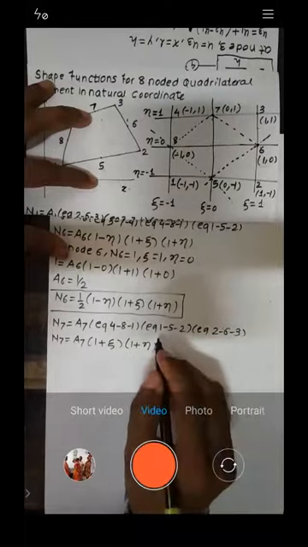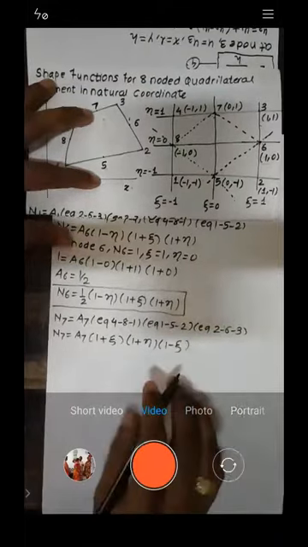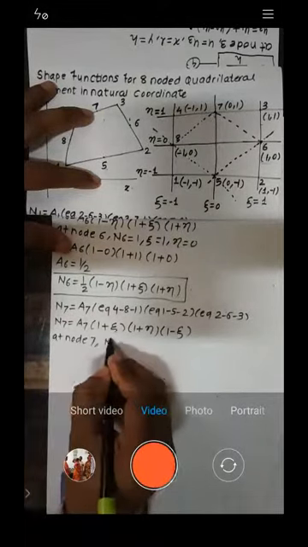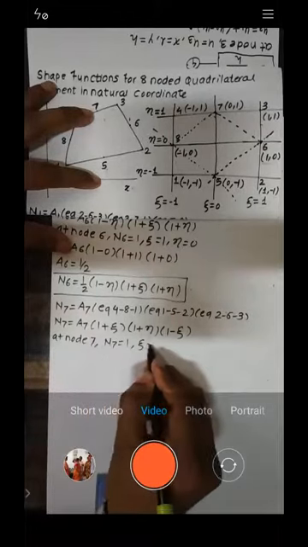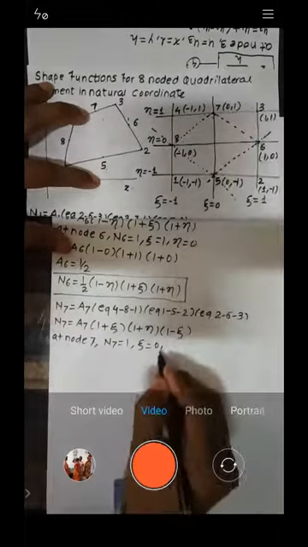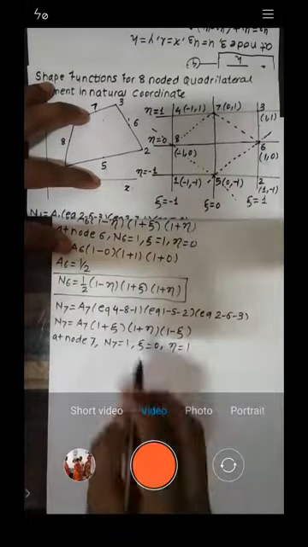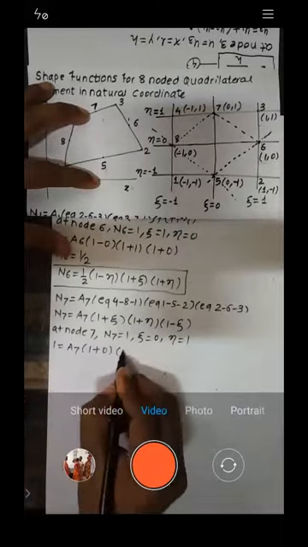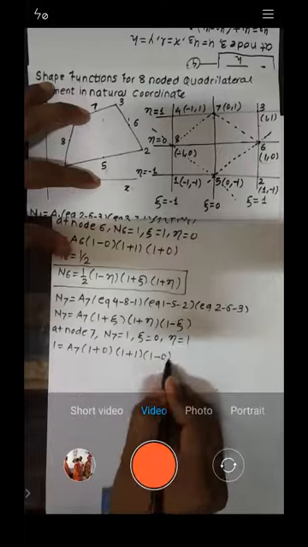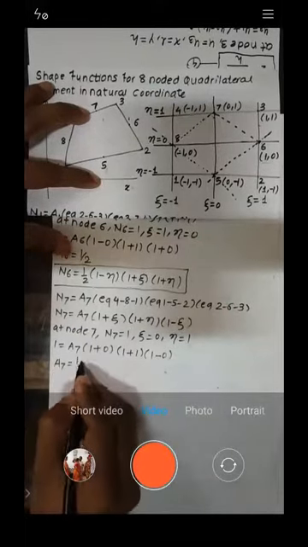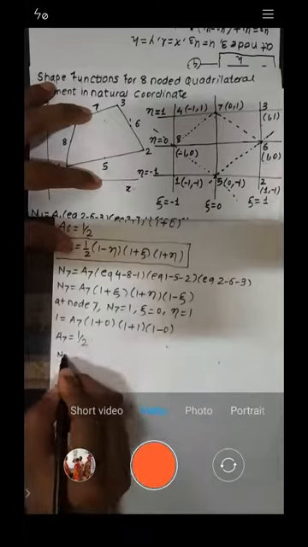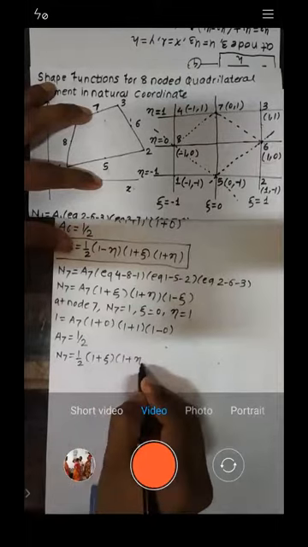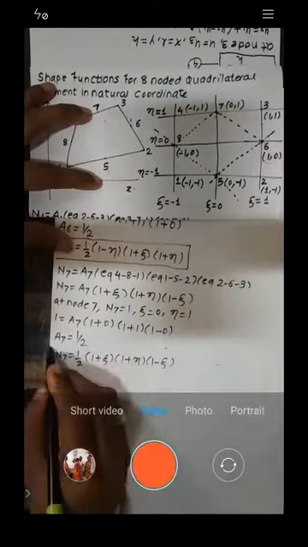And for 2-6-3, zeta is equal to 1, that is 1 minus zeta. At node 7, N7 is equal to 1, zeta is equal to 0, eta is equal to 1. So 1 is equal to A7 times 1 plus 0, 1 plus 1, 1 minus 0. So A7 is half. N7 is equal to half (1 plus zeta)(1 plus eta)(1 minus zeta). Is it okay?